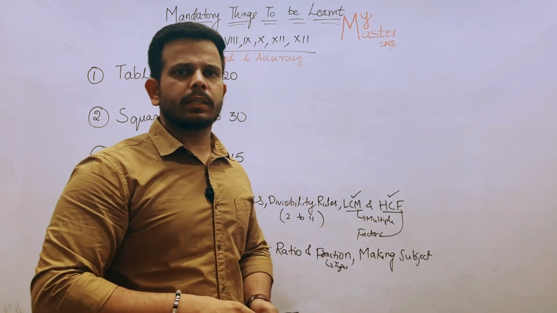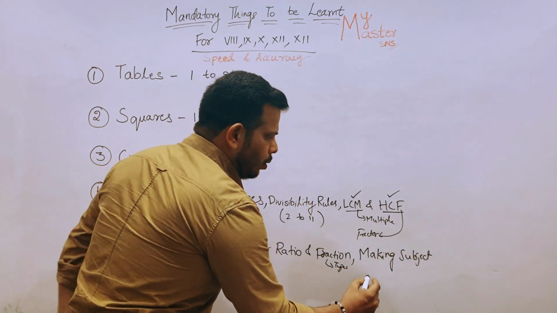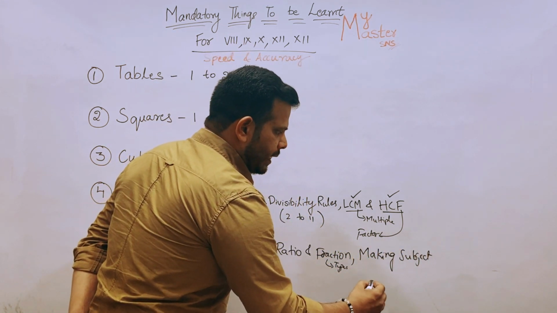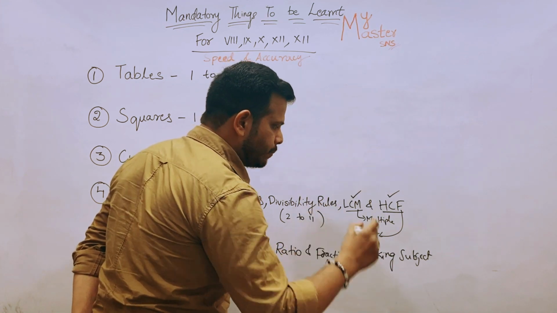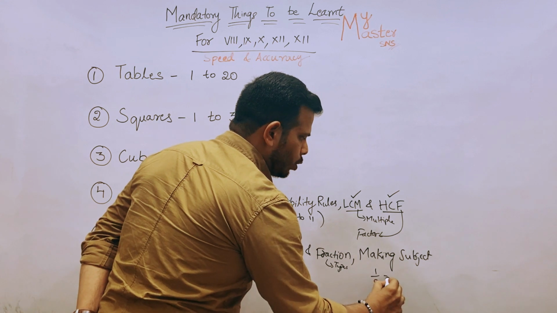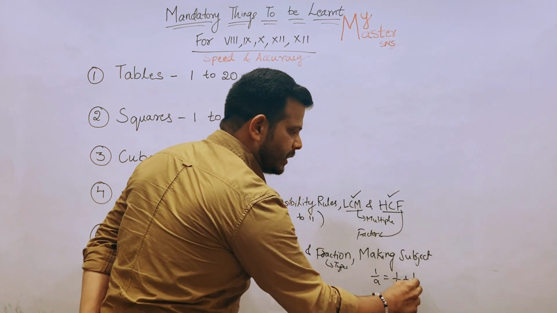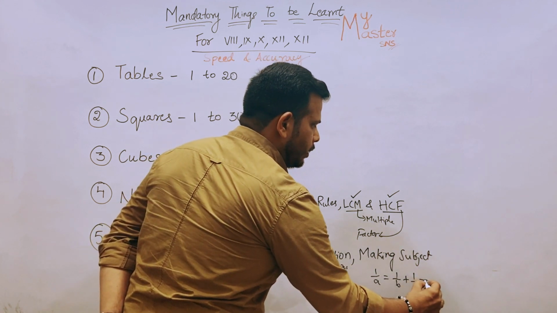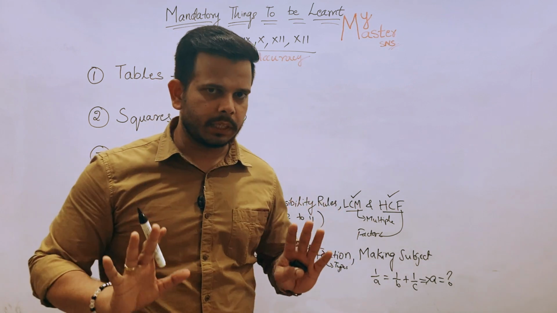Everything we will be discussing. Now making subject. When I ask you, make A as subject in 1 by A is equal to 1 by B plus 1 by C, here you have to find A is equal to. This is called making subject.